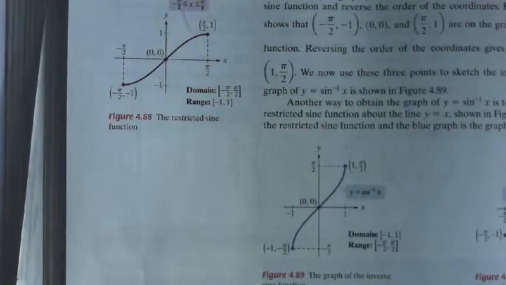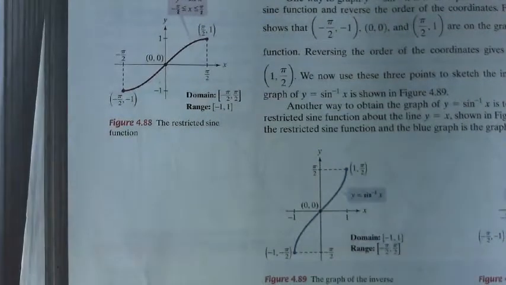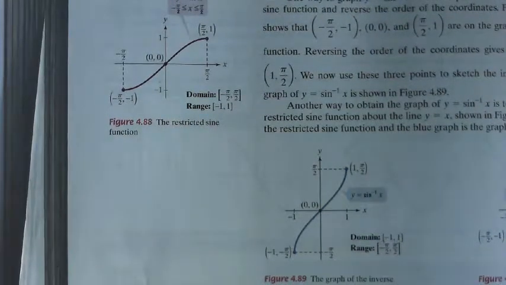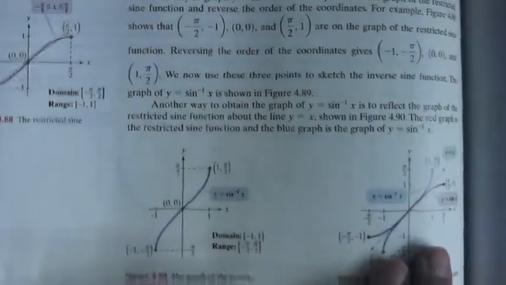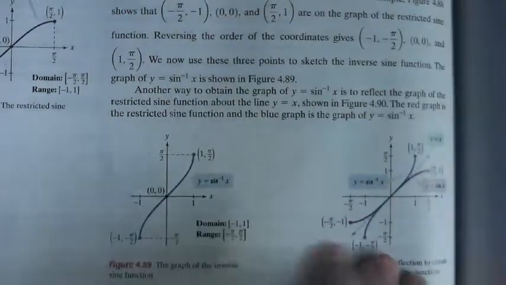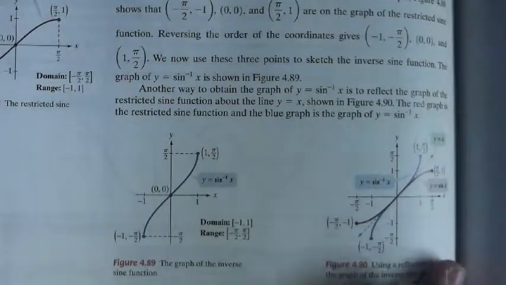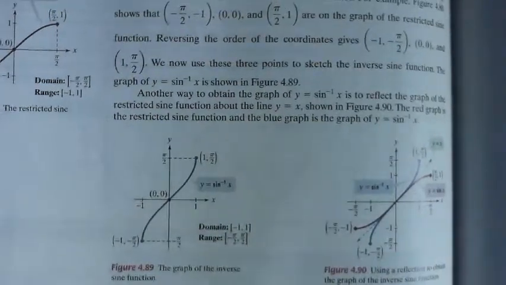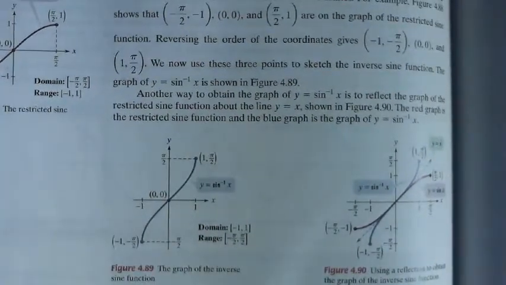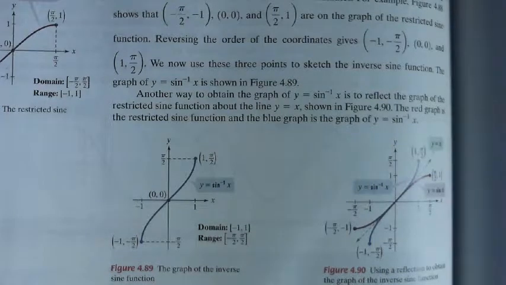And we could do that, but it's just easier to show it to you here. Does that make sense? Okay? And then they go ahead and put them on the same graph together, which would take some time and scaling. It's not really worth the time because we can just see it here. You see the reflection over the line y equals x. Okay? Does that make sense?